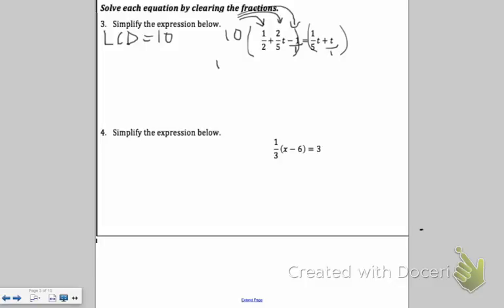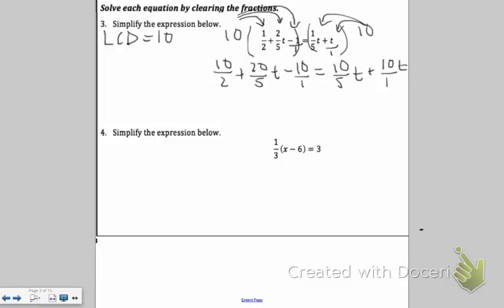So 10 times 1 is 10 over 2 plus 20 over 5t minus 10 over 1. On the right-hand side, we're distributing twice, and we get 10 over 5t plus 10t over 1.